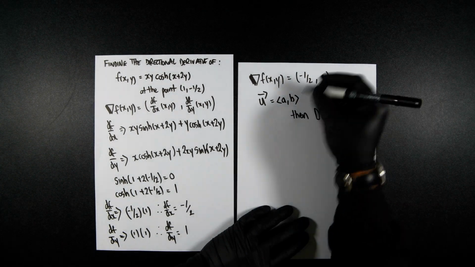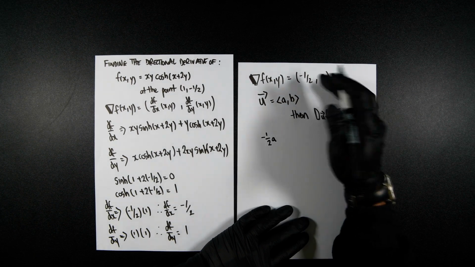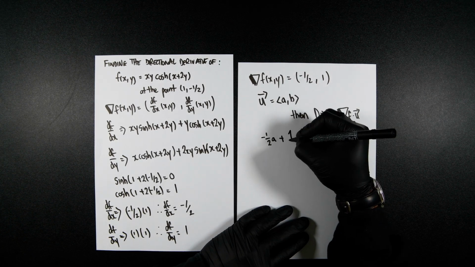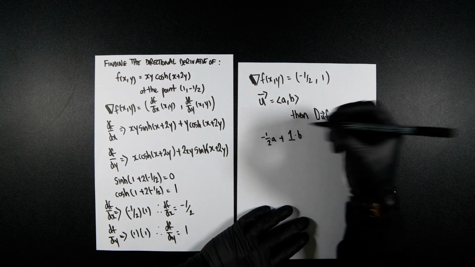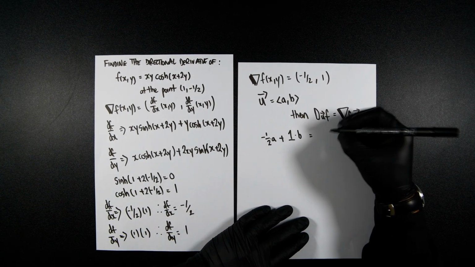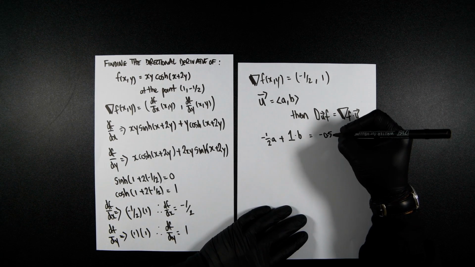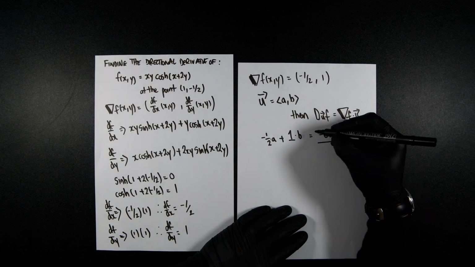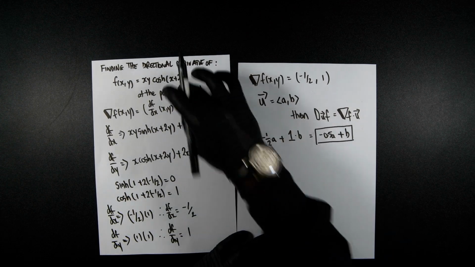So it's going to be minus a half times a plus 1 times b. Put a little dot there as well, which is going to be equal to minus 0.5a plus b. So that there is the actual directional derivative of this function.